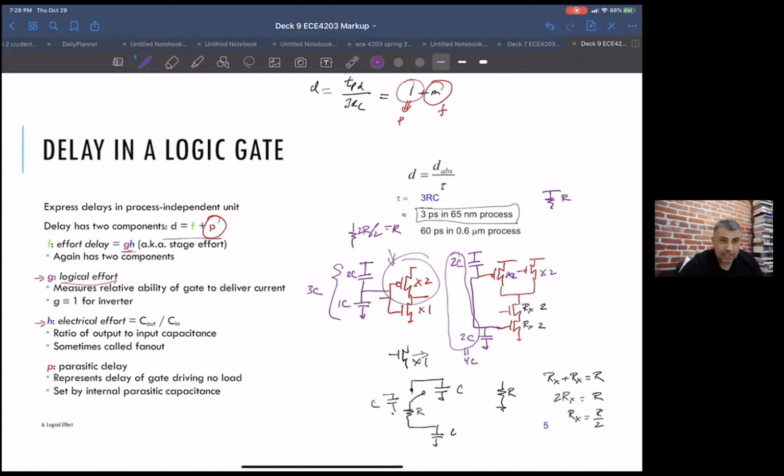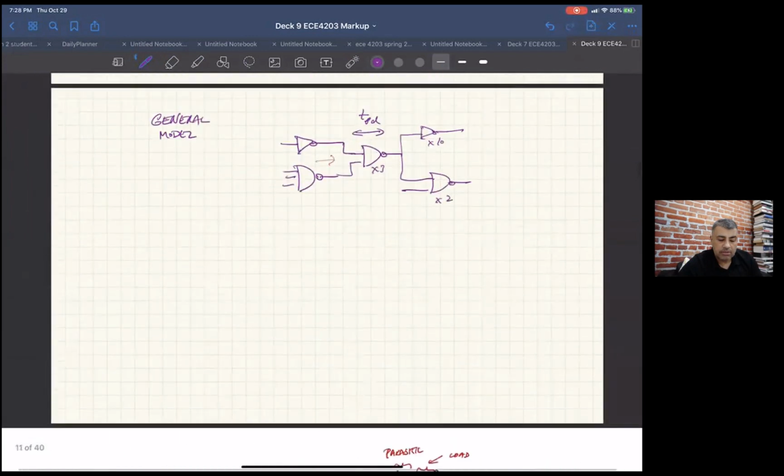I'll pick on somebody else now. So here's a case where you see that in a NAND gate, for it to have the same drive capability, it'll have to have bigger devices. So it has higher load capacitance when other gates drive it.